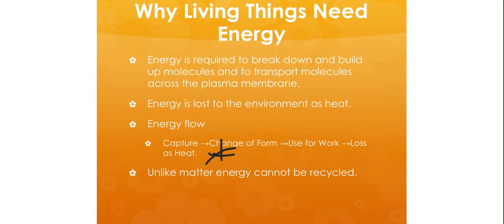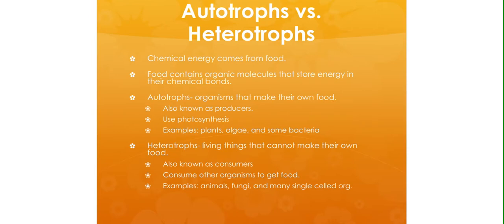So where do living organisms get this chemical energy? In the last slide, I asked you a question: where do organisms get chemical energy? Before we get into that idea, we need to know a couple of terms. One is known as an autotroph, and the other is known as a heterotroph. The chemical energy that organisms need comes from food, which is pretty obvious, and you know that by now.